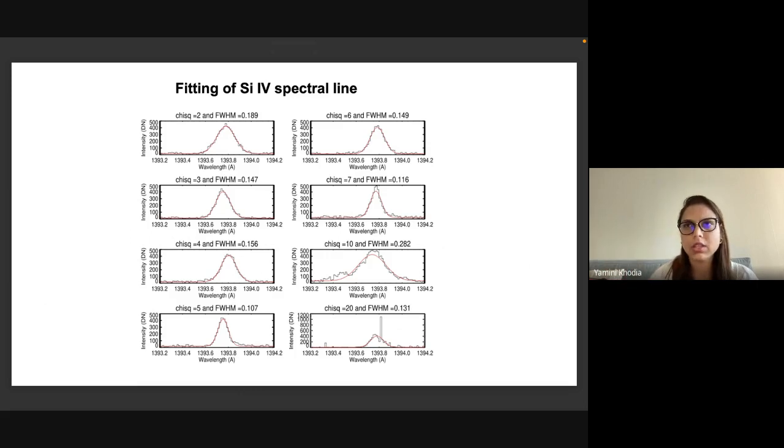The locations that we took, with chi-square less than 5, were generally the intergranular lanes, so mostly the high intensity regions. And the chi-square 10 locations, or the other locations which showed a bit of different behavior, were mostly at the cell centers, which are generally the darker regions.